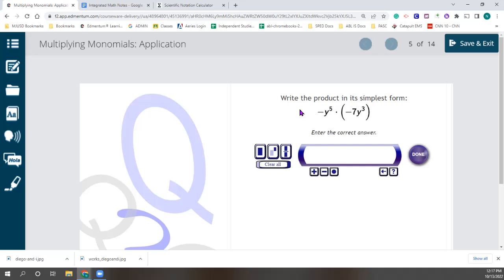It's an implied -1 multiplied by a -7. A negative times a negative is a positive, so we should have 7y, add the exponents, 5 plus 3 is 8. Should be 7y, exponent 8.